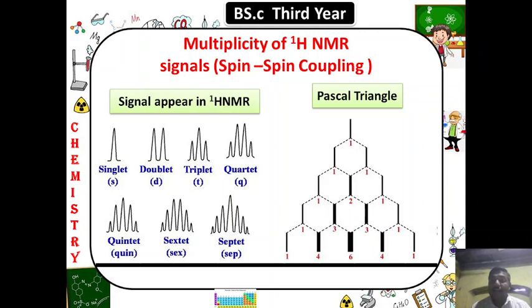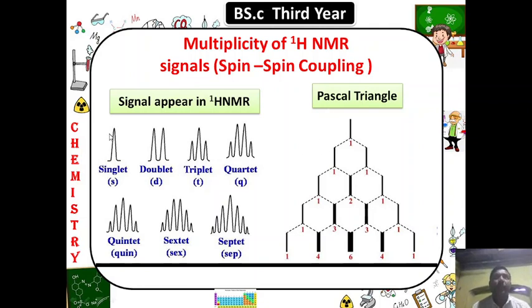Then this splits into two, a doublet, following the rule n plus 1, giving two signals. If the number of neighboring protons is 0, the signal is a singlet.